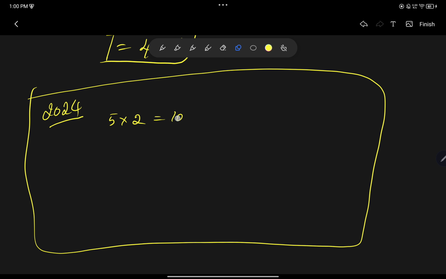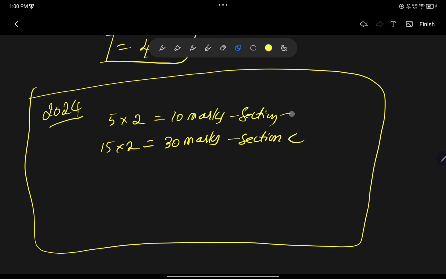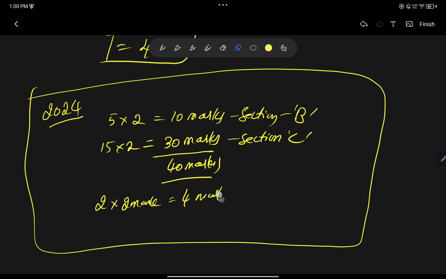Okay, that is 10 marks. Next, they have asked 15 marks, 2 questions, that is 30 marks in section C. This is section B. This is section C. So almost 40 marks from section B and C. Along with that, 2 questions of 2 marks in section A, that is 4 marks.